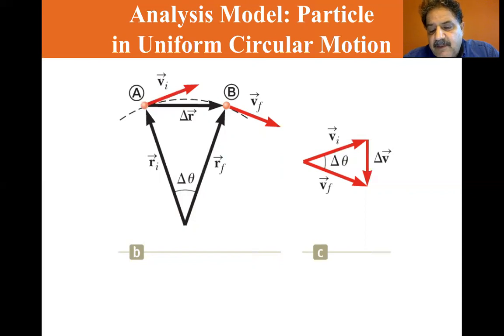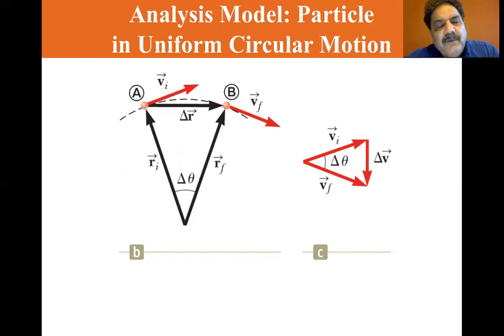At B, sometime later, t final, the velocity is equal to velocity final, vf. Assume vi and vf differ only in direction. Then their magnitudes are the same. That is, vi equals vf equals v, because of uniform circular motion.